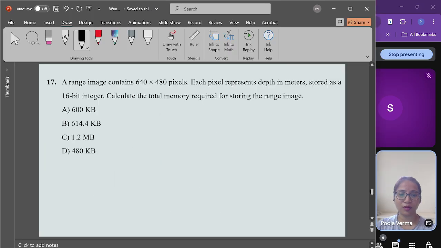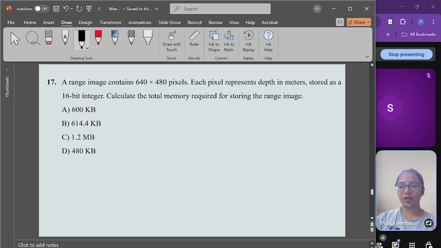Okay, so now moving to the next question. Our next question is: a range image contains 640 into 480 pixels. Each pixel represents depth in meters stored as a 16-bit integer. Calculate the total memory required for storing the range image. So it is a memory related problem.